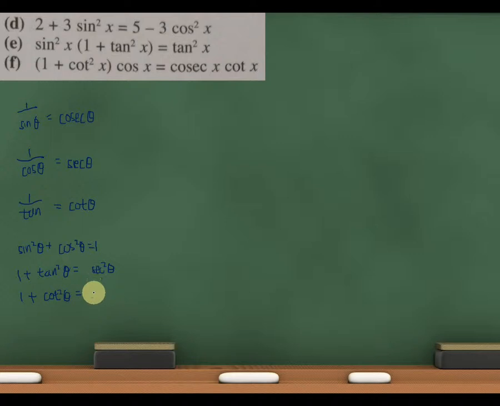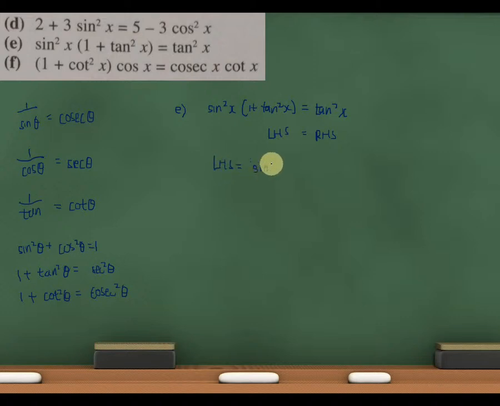So 1 over sine is cosecant, so cosecant square theta. Okay, so we can start. As you write this down, you'll notice the left hand side is more complicated. So later on, we'll start from the left hand side and work our way to prove the right hand side.